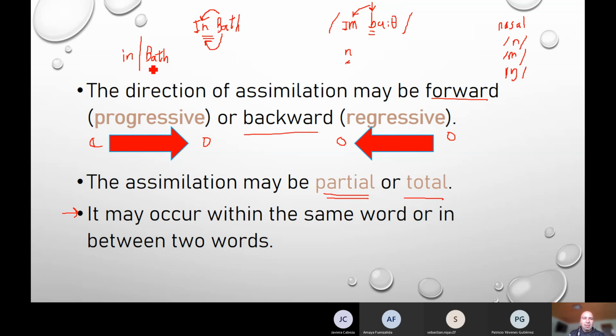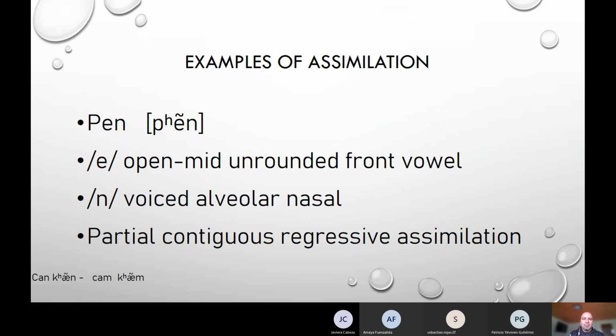Let me show you an example in which assimilation takes place within a word. Let's take as an example the word "pen", the object that we use to write, to draw.